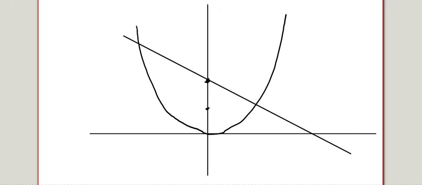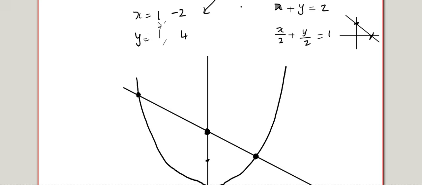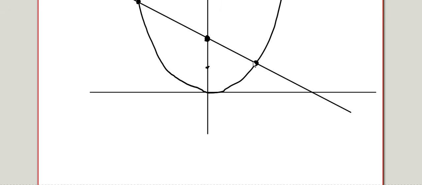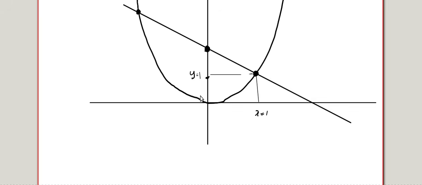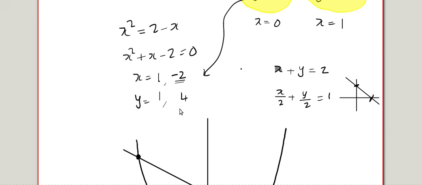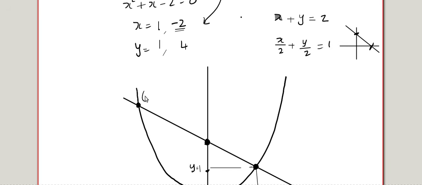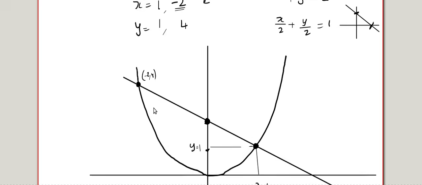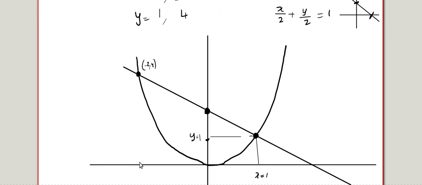And the points of intersection that we got are 1, 1. So let's say this is x equal to 1 and this is y equal to 1, and minus 2, 4. So x is minus 2 here.